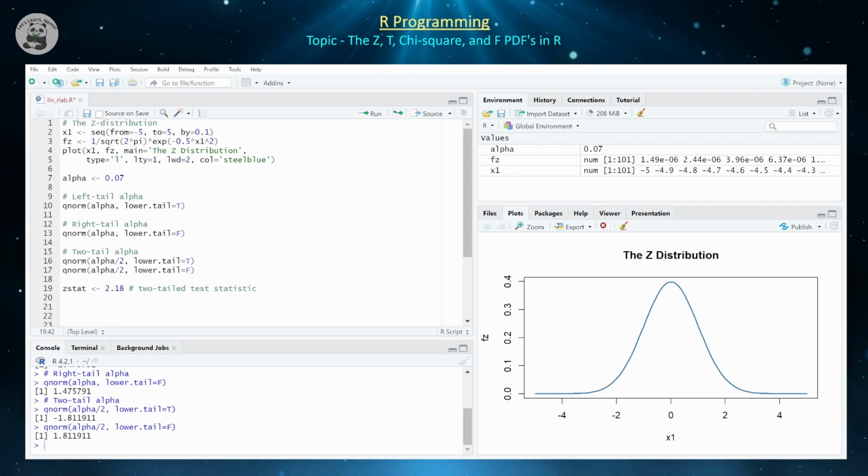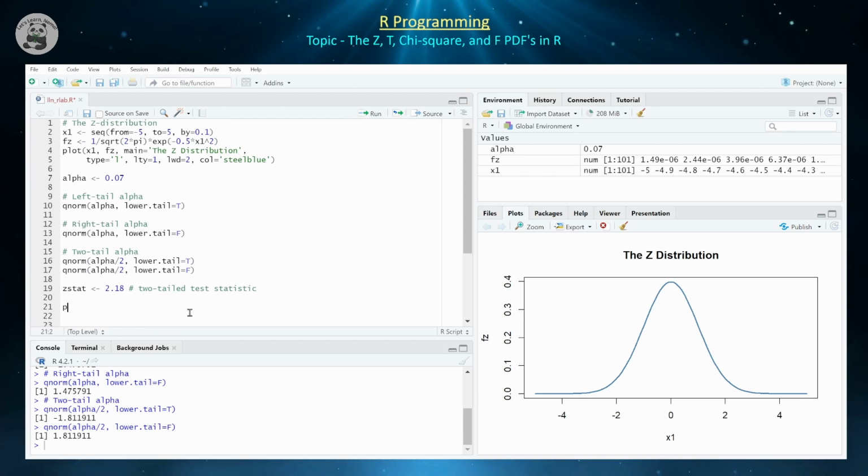And again, we're not going to go through what these mean in this video. That's more of a statistical conversation rather than a programming one. So a two-tailed test statistic is the probability of getting this test statistic or more in favor of what is called the alternative hypothesis. So again, we're wanting to find the probability that we're bigger than 2.18, so in this right-hand tail, and also less than its opposite, which is going to be negative 2.18.